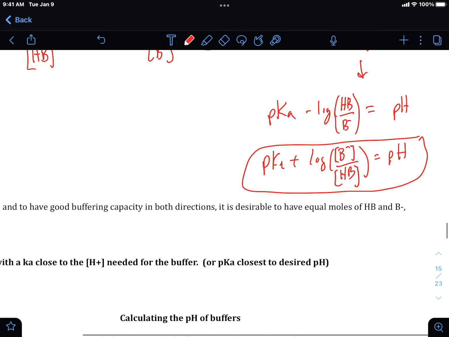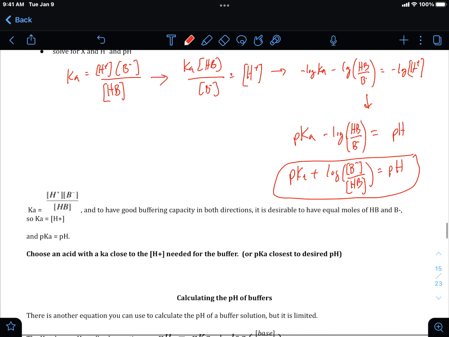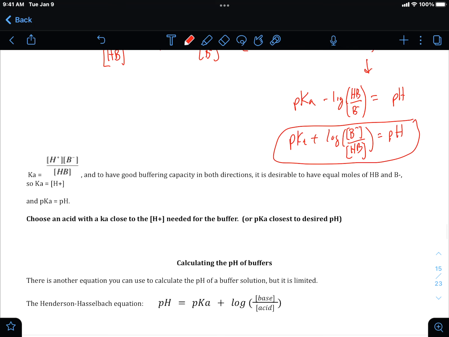This formula has a name. This is called the Henderson-Hasselbalch equation. And whenever you need to find the pH of a buffer quickly, just figure out how many moles there are of the basic ion, figure out how many moles of the acidic ion are, take the log of the ratio and add it to the pKa, and that's your pH.